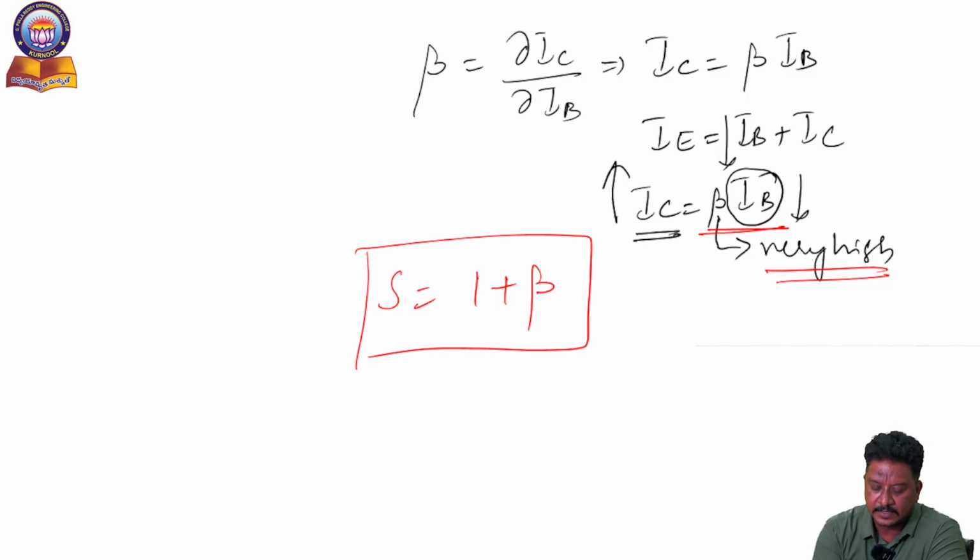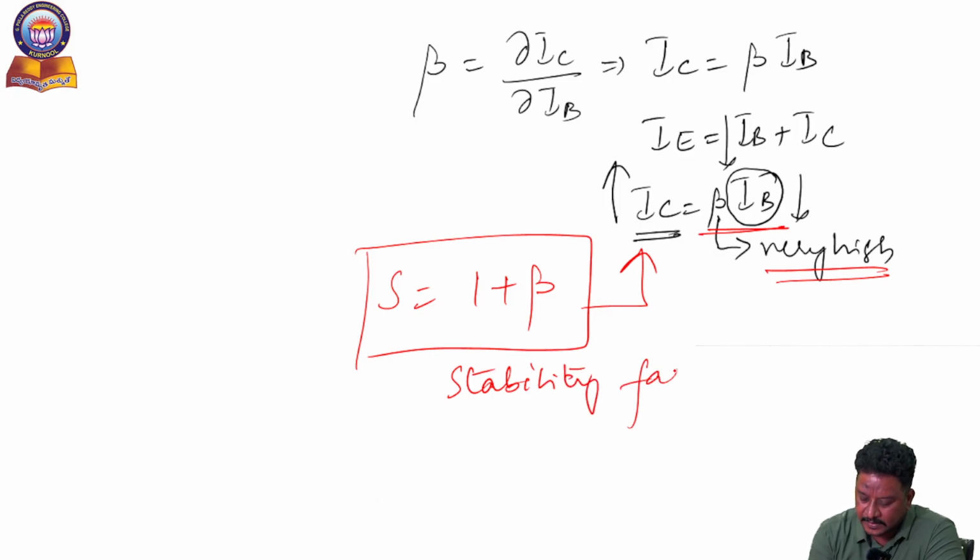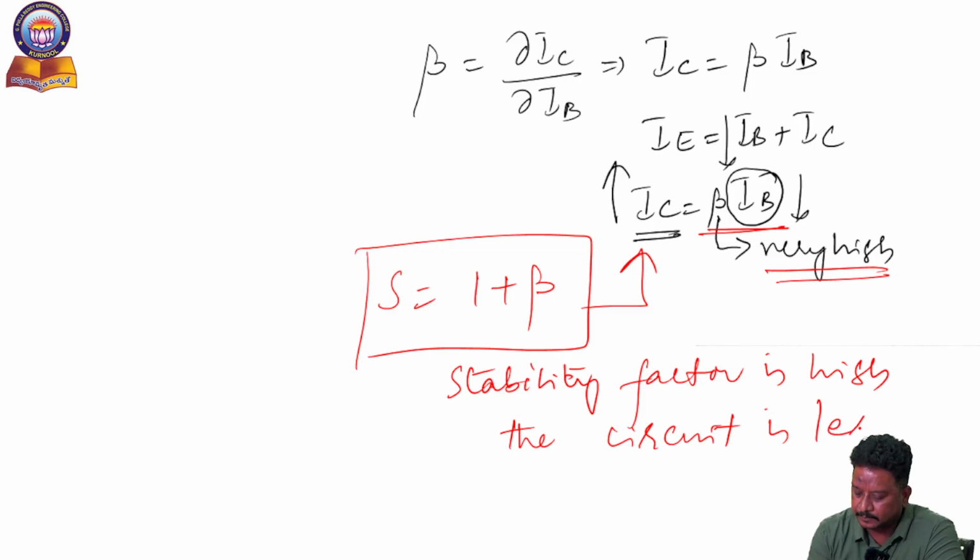That's why the overall value of the stability factor is very high. If the stability factor is high, then the circuit is less stable.